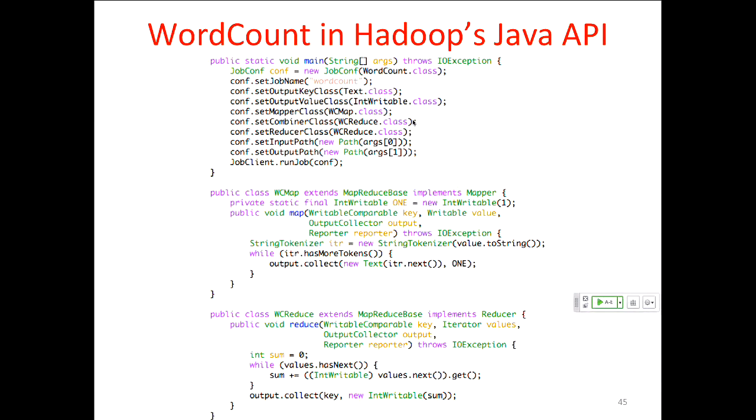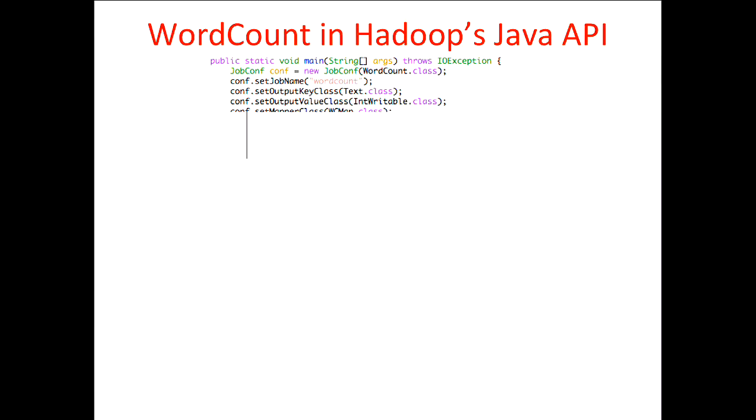Now, this is a MapReduce implementation. This is word count in the Hadoop Java API. It's very tedious to write MapReduce using Java APIs here, right? In pseudocode it was very simple, but now it's very complex.